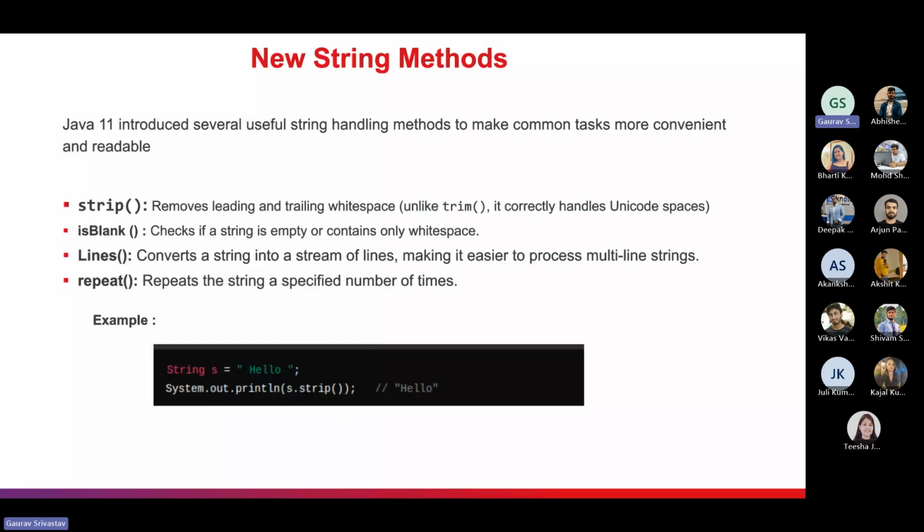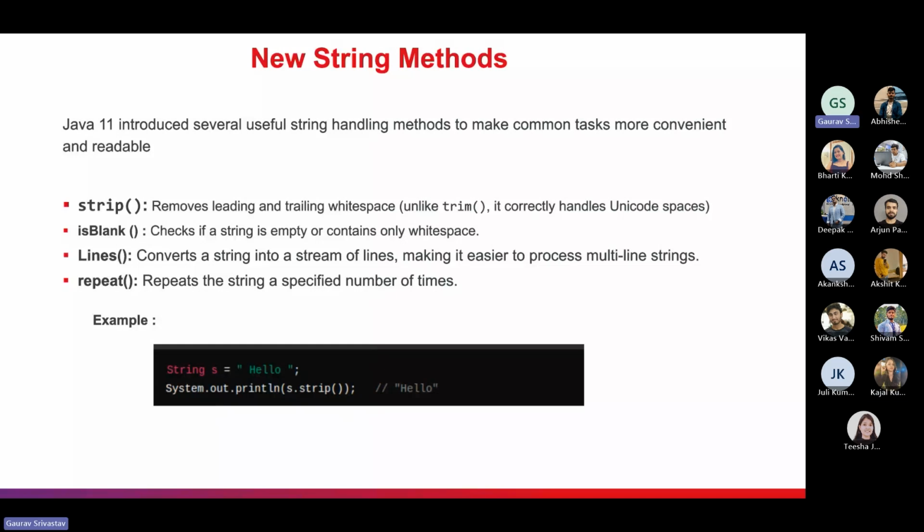If you don't have the lines method, previously we had to use the split method to break the string into multiple parts. The issue is that we have to write more lines of code just to break one string. So Java 11 came with a new feature, lines. You just pass the string you want to break into lines, and it automatically converts it to lines.